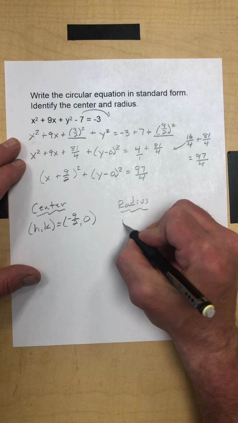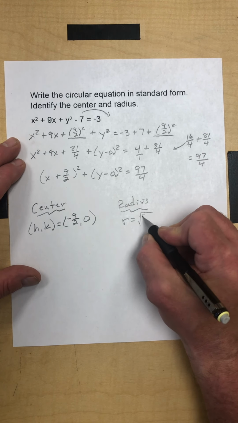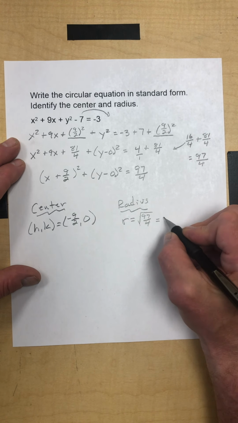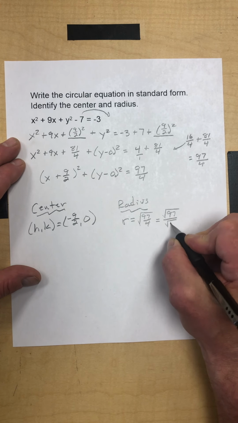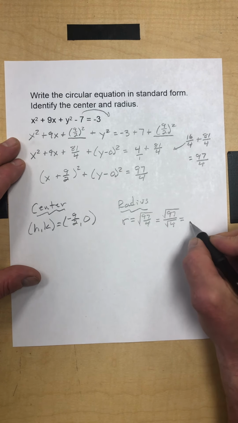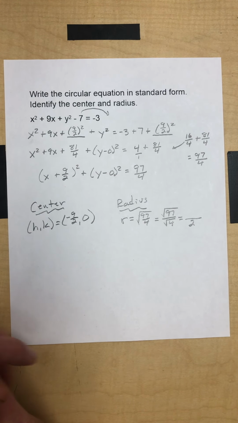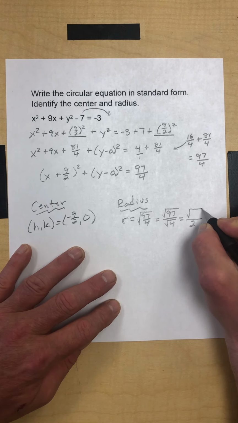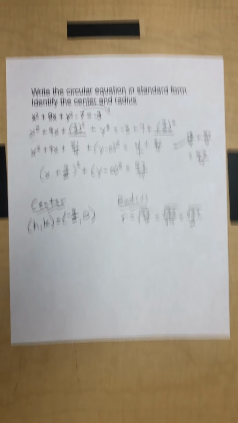And then our radius would be the square root of 97/4. That would be like the square root of 97 over the square root of 4. I know the square root of 4 is 2, so we don't have to rationalize it. And 97, I'm pretty sure that's a prime number, the square root of 97. So we're in good shape there.